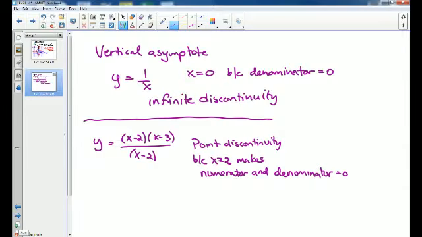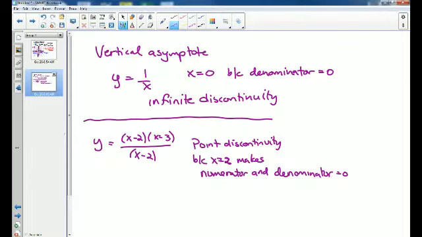If you're looking for vertical asymptotes, you're just looking at what makes the denominator 0, and whether it also makes the numerator 0. If the answer is no, you have the first case. If the answer is yes, you have a point discontinuity. This will matter a lot more for calculus. Right now, not a big deal, but I want to introduce you to it. Okay?